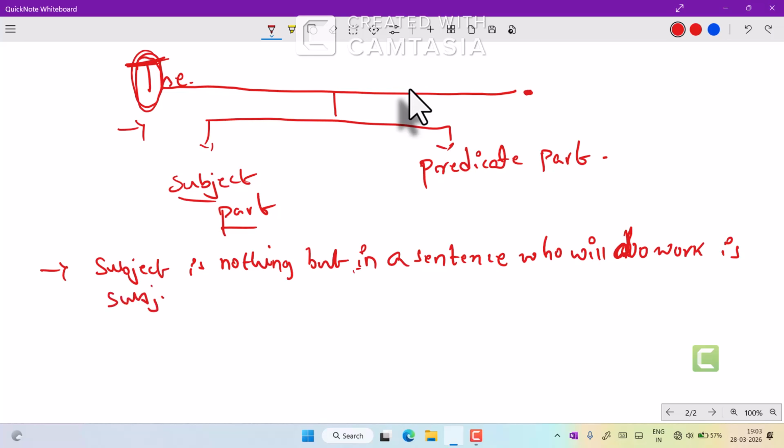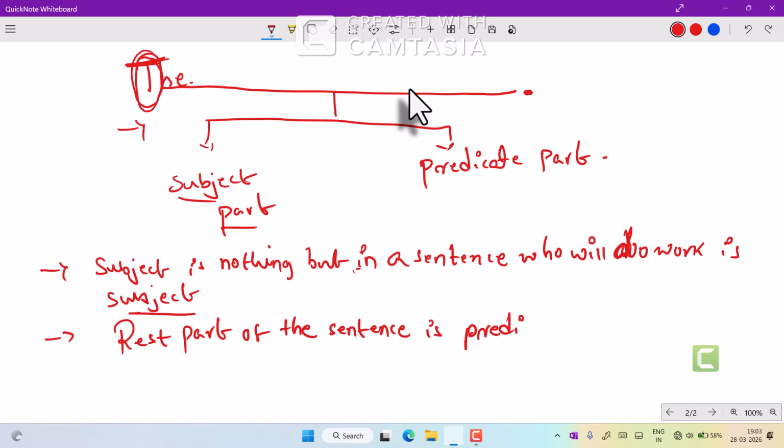That's it, a subject. And the rest part of the sentence is the predicate.